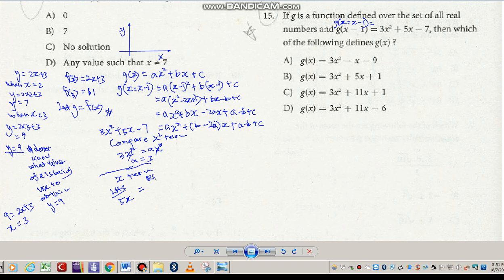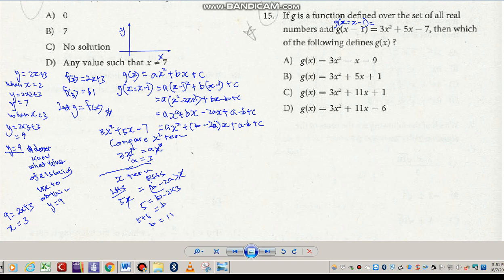On the right hand side of the equal sign, which is (b minus 2a) x. Now cancel the x. I got b, but I know a, so it's minus 2 times 3, a is 3, equals 5. Now I bring this over, so it's 5 plus 6, b is actually equal to 11.